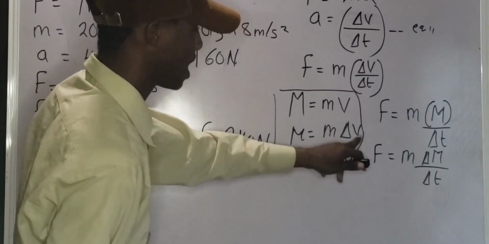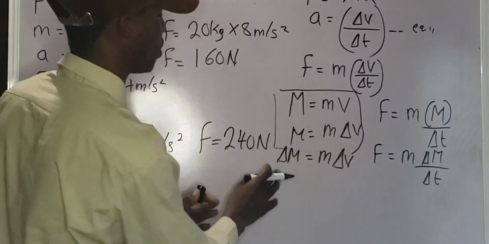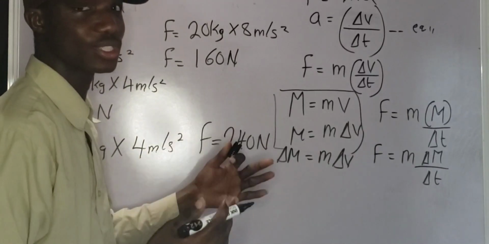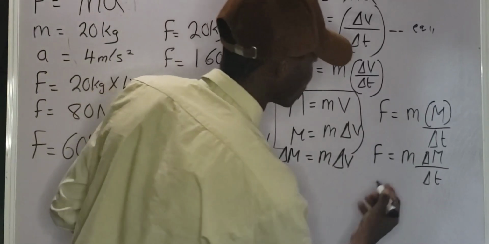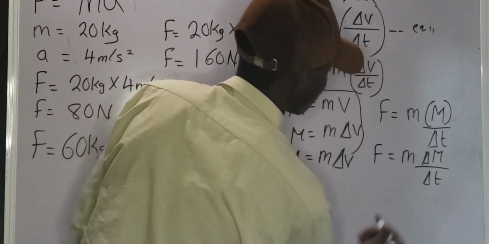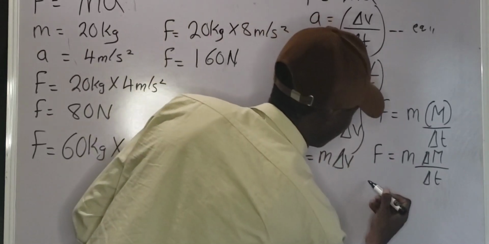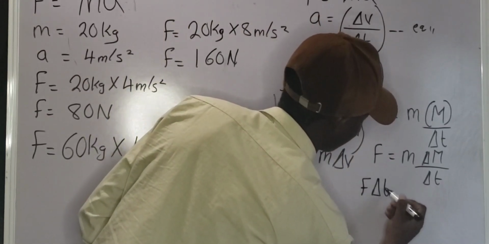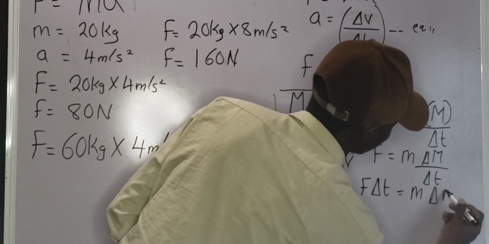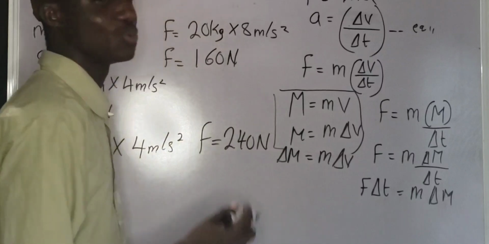I have mass multiplied by change in velocity here, and that is also the change in momentum, because momentum is the product of mass and velocity. Do you understand? Okay, let's proceed. If you multiply both sides by change in time, that will be force multiplied by change in time is equal to change in momentum, and force multiplied by time is what?